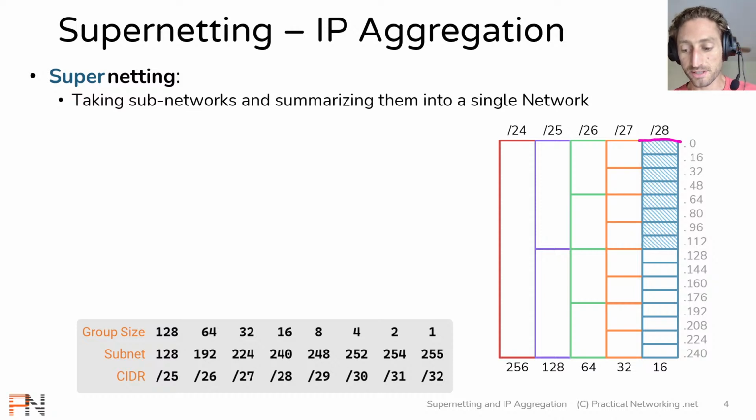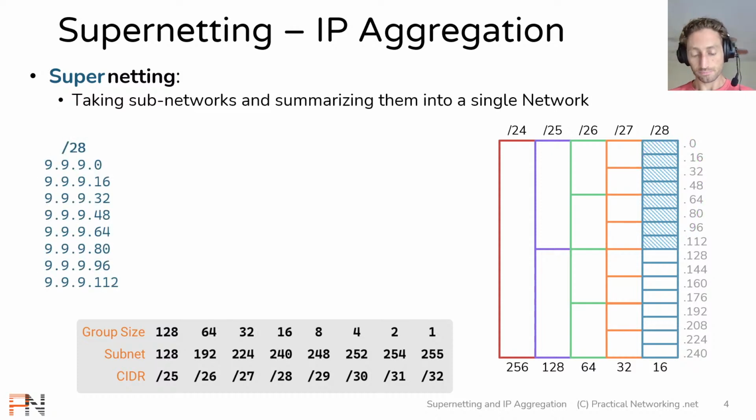Meaning, this /28 has a network ID of 9.9.9.0, and this /28 has a network ID of 9.9.9.80, and so on. Now, the point of what we're about to work through is how to summarize these 8 /28s into whatever we can summarize them into.